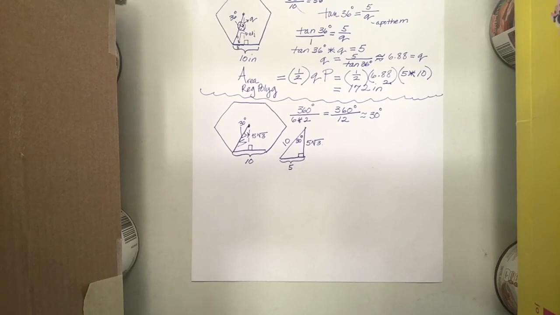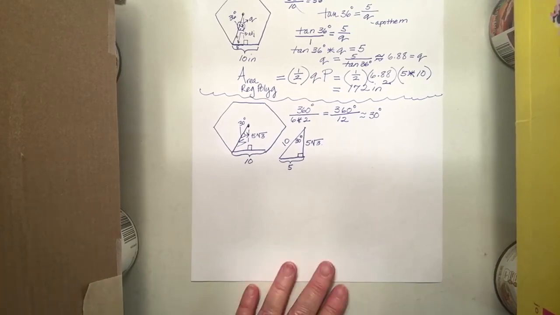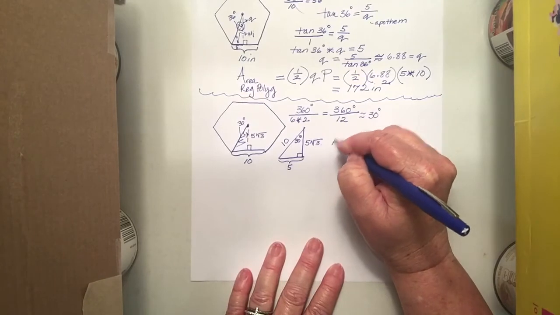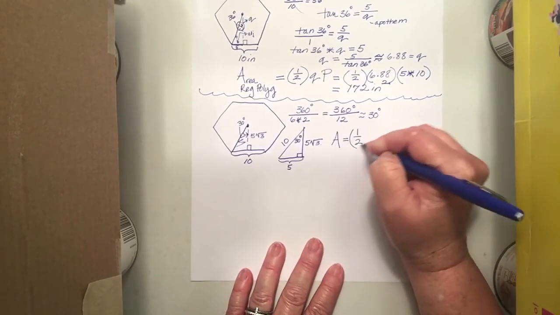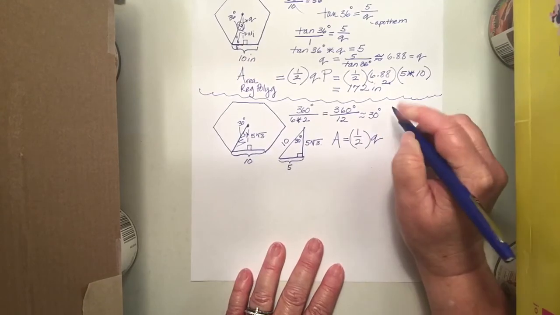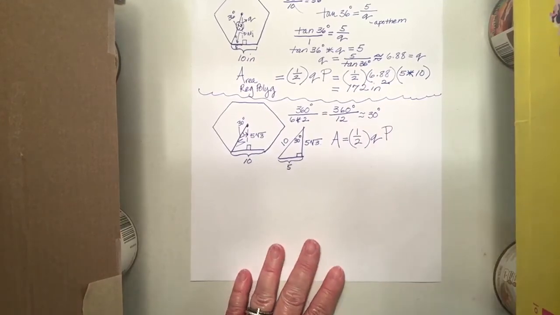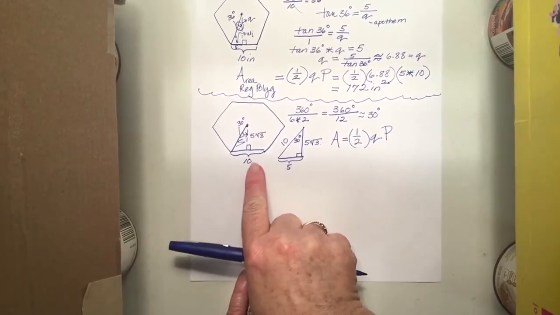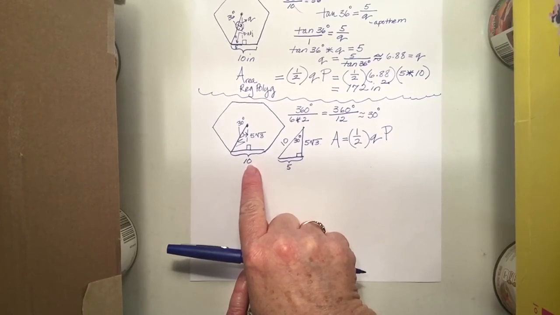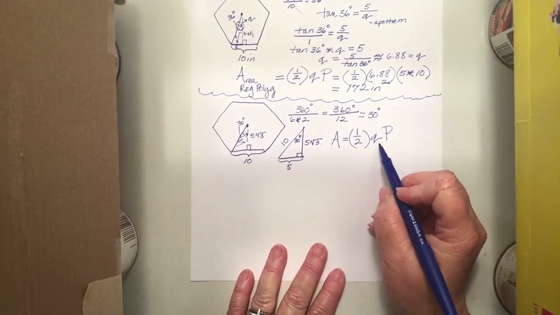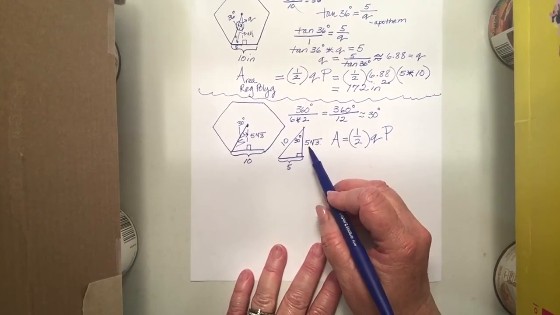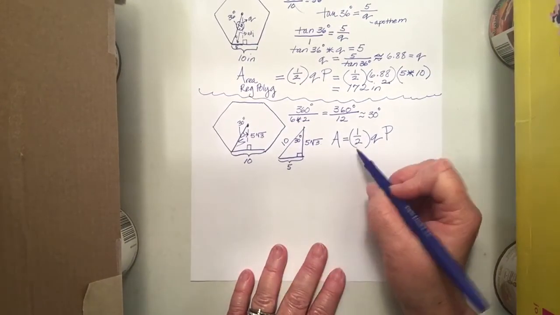Now, do we have all the information needed to calculate the full area? Area is equal to 1/2 times the apothem times the perimeter. I certainly can calculate the perimeter because that's going to be this 10 times 6 sides. And the apothem, they already gave us 5 square root 3.